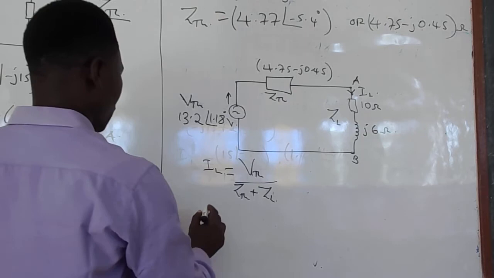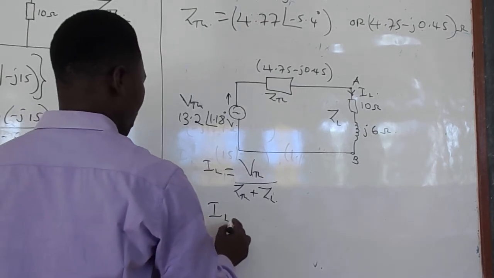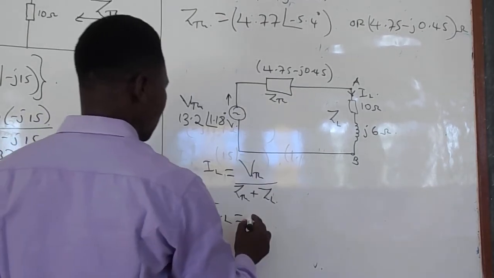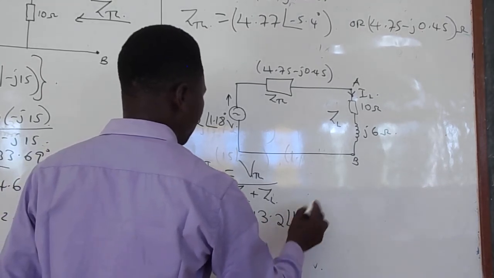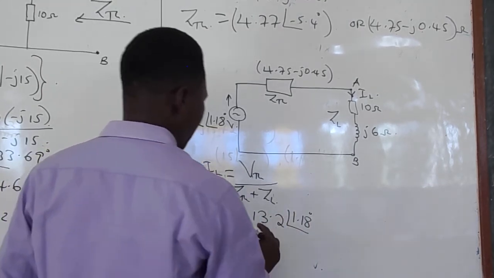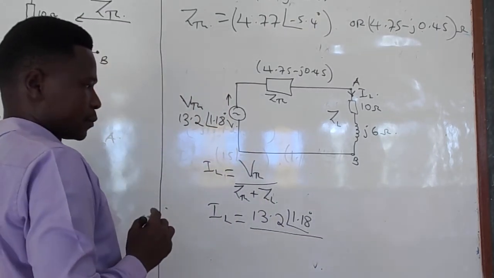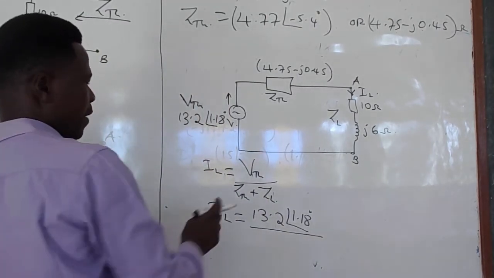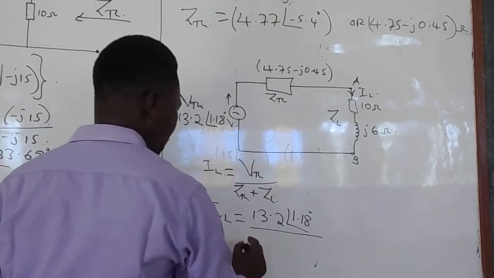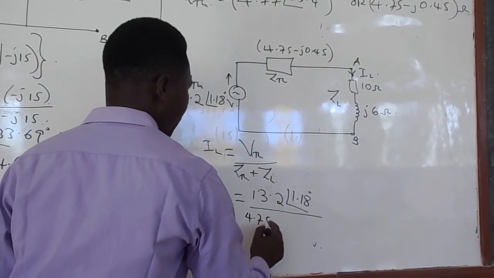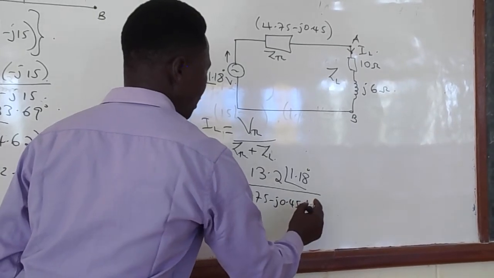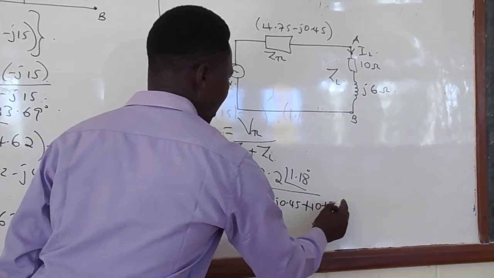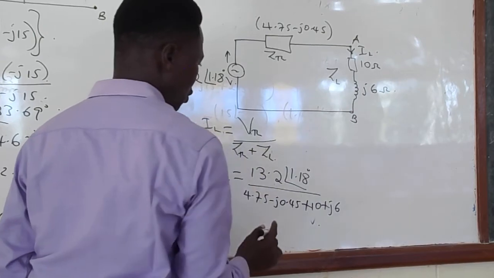So therefore now, the current across the load will be equal to Thevenin's voltage, which is actually 13.2 at an angle of 1.18 degrees, divided by Thevenin's impedance, which is 4.75 minus J0.45 plus 10 plus J6, that is for the load.